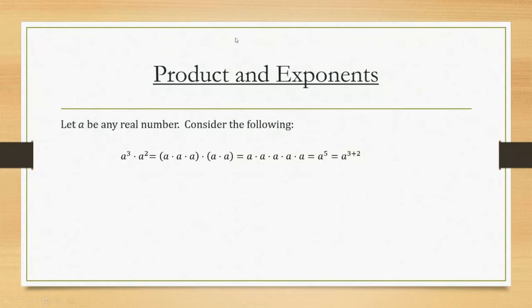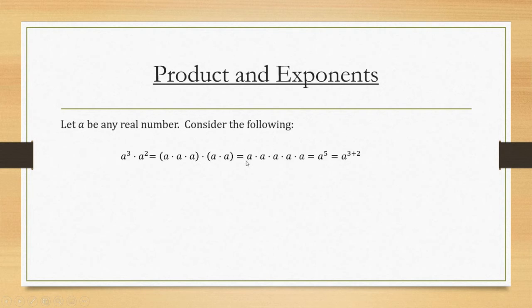We already know what a cubed means: that's a times itself 3 times, which I have here in parentheses. A squared is 2 copies of a. Because multiplication is associative, we really don't need these parentheses, so let's take them away.